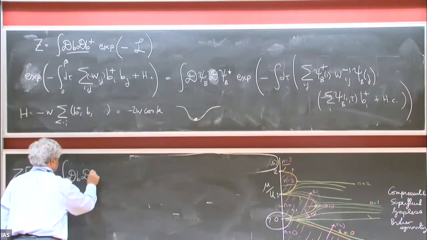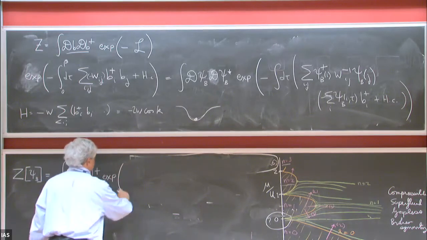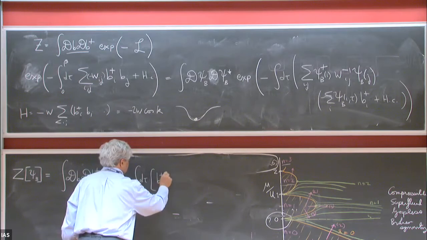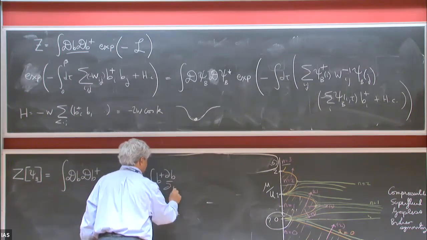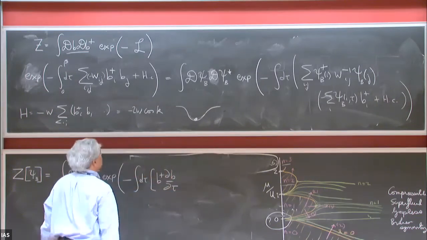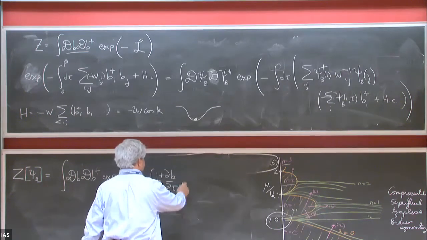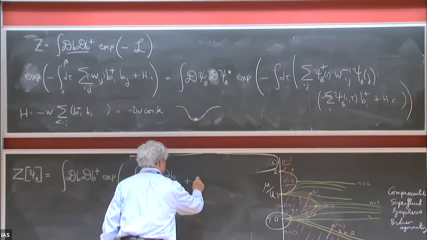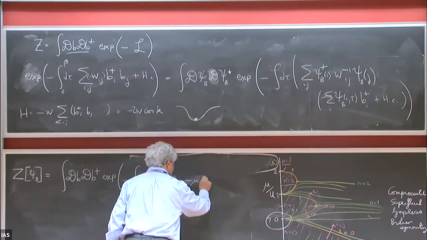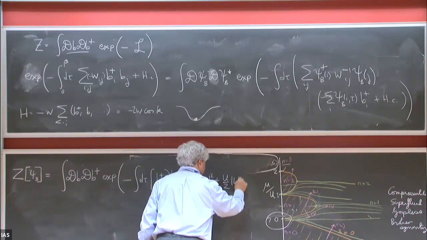It's the integral over dB dagger dB of the exponential of minus the integral d tau of B dagger d/d tau B. And then I have the interaction term, minus u mod B squared plus u over 2 mod B to the 4th.